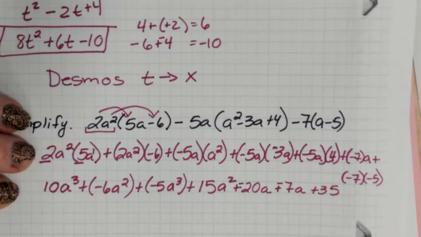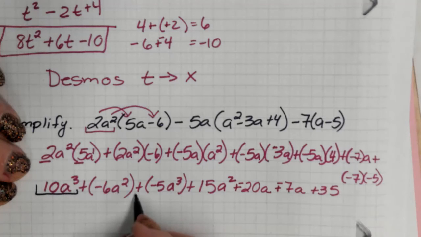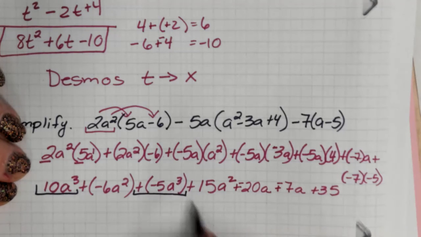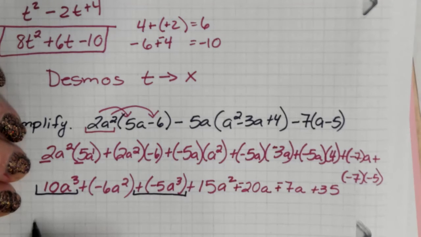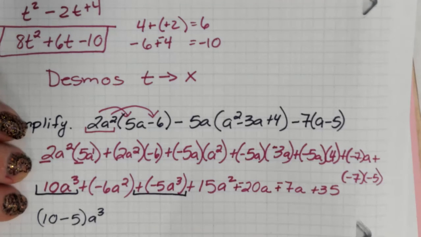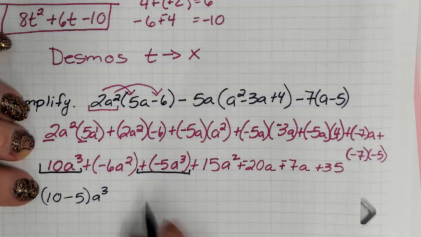Now let's group our like terms. 10a cubed, negative 5a cubed. 10 minus 5a cubed. We are no longer changing our exponents. We're only working with the coefficients.